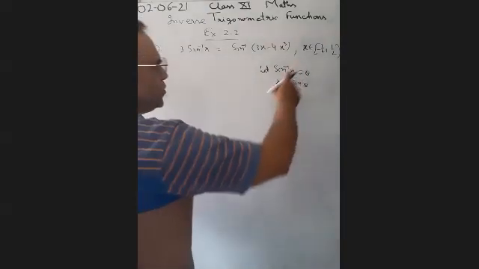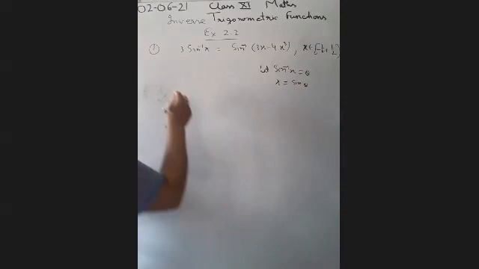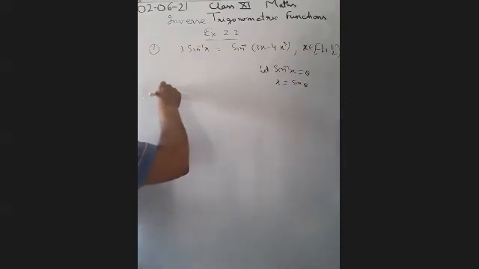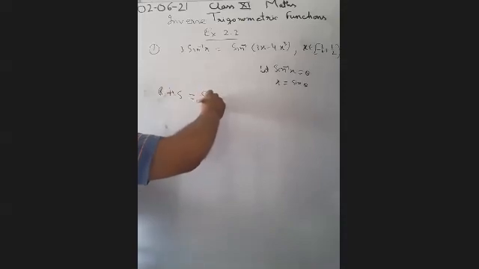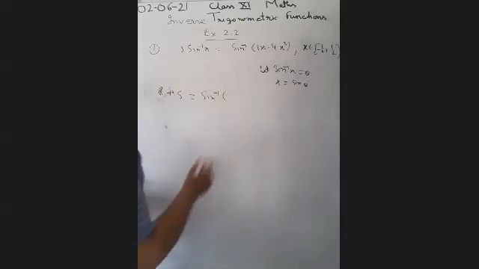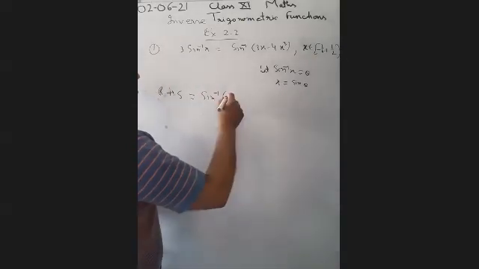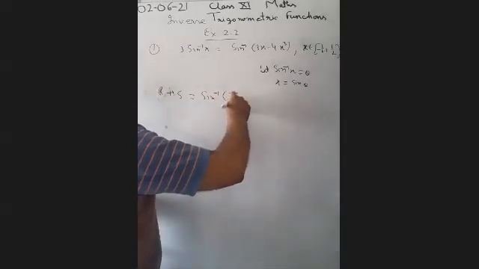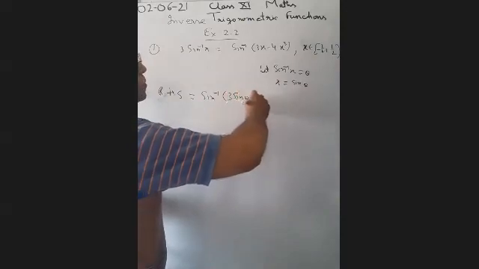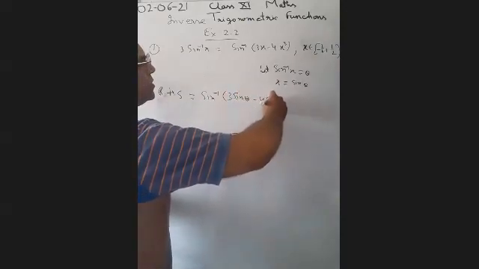First you take the right hand side. In the right hand side we are putting in place of x, sin theta. So 3 sin theta minus 4 sin cube theta.